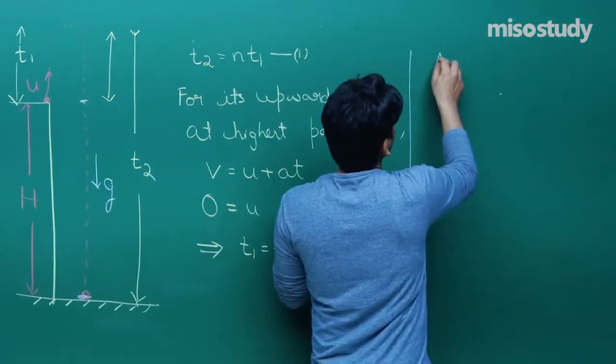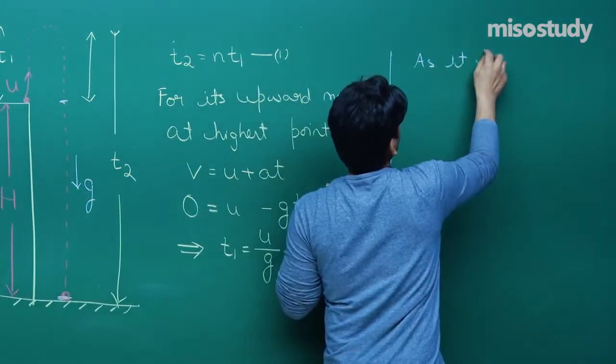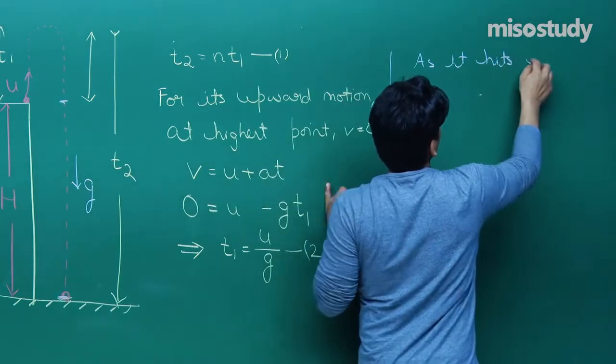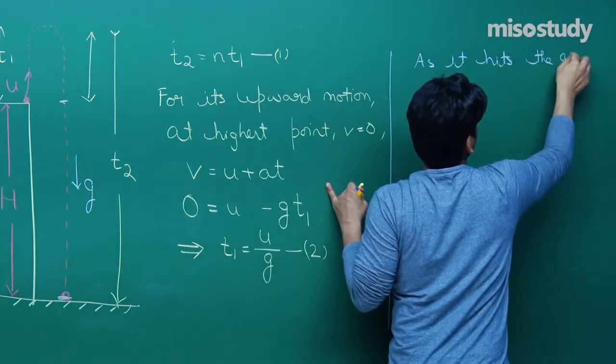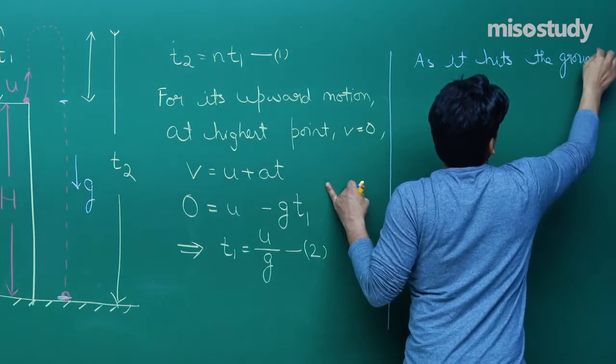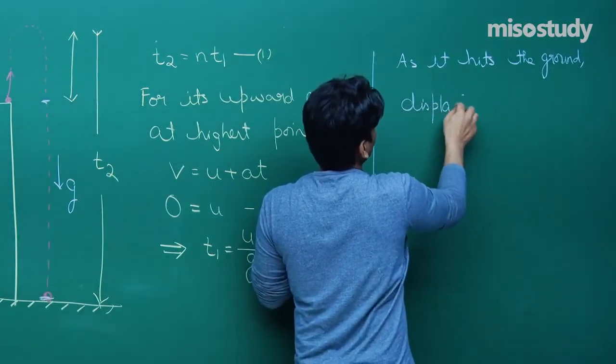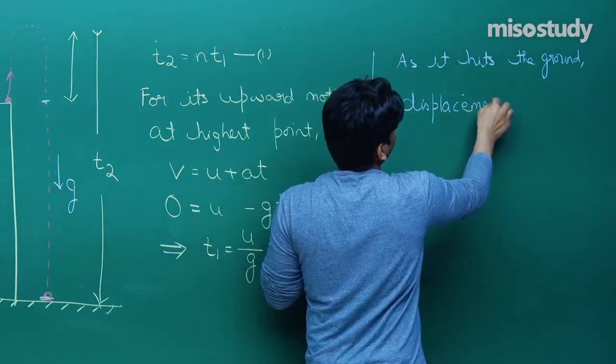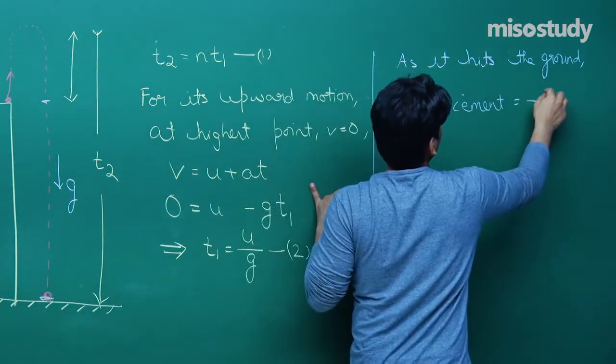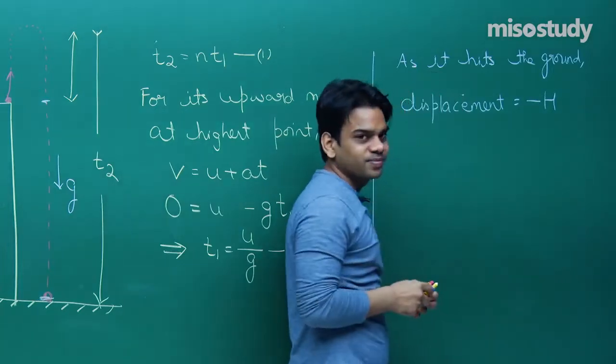Now let me clarify the same thing. Here, as it hits the ground, the displacement will come out to be minus h, because we are taking the downward direction as negative.